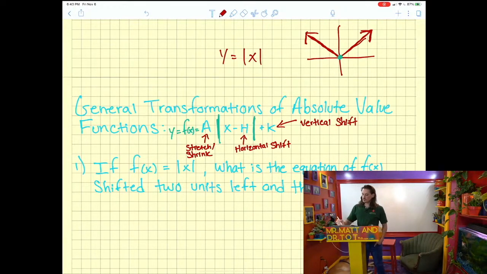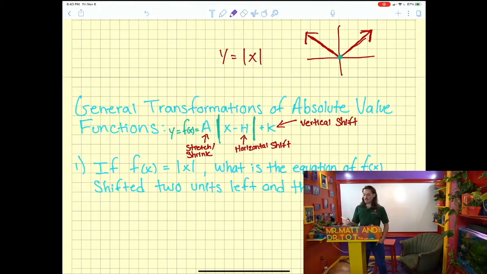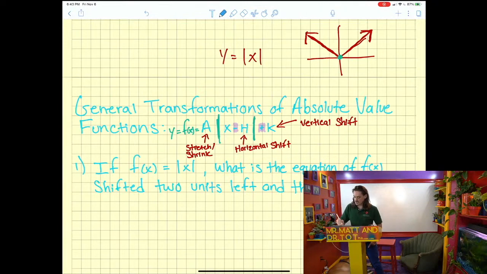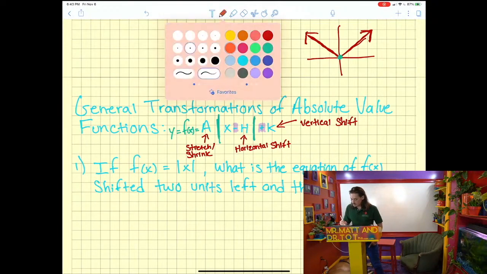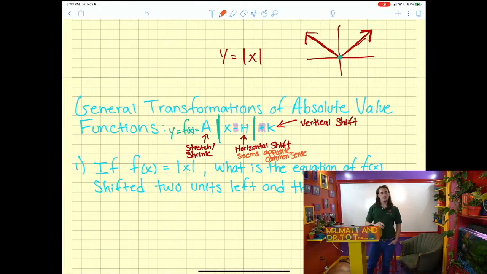Now the thing to really watch out for, which gets a little bit confusing, is that in this function format, notice that h has a negative sign next to it, but k has a positive sign next to it. The implication is that the horizontal shift, the h value, seems opposite common sense. Obviously that is not a mathematical term, but it helps me remember what's going on.